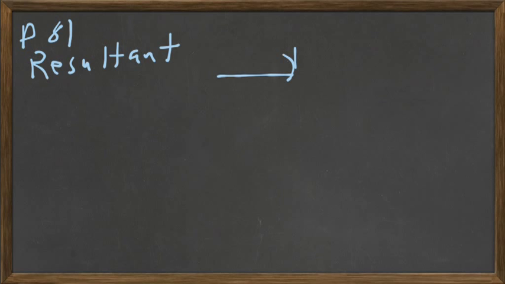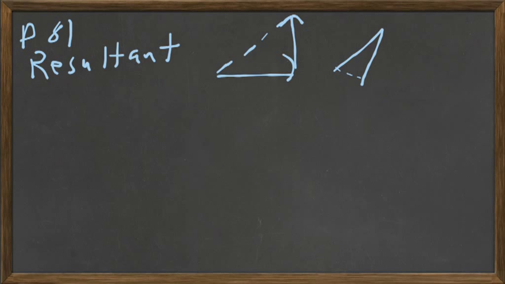Now when we deal with the idea of vectors, page 81, know the term resultant. When we're dealing with vectors, if I sum two together, add them together, the answer is the resultant. Whether it is two that are perpendicular to each other, or not perpendicular to each other, that's the resultant.